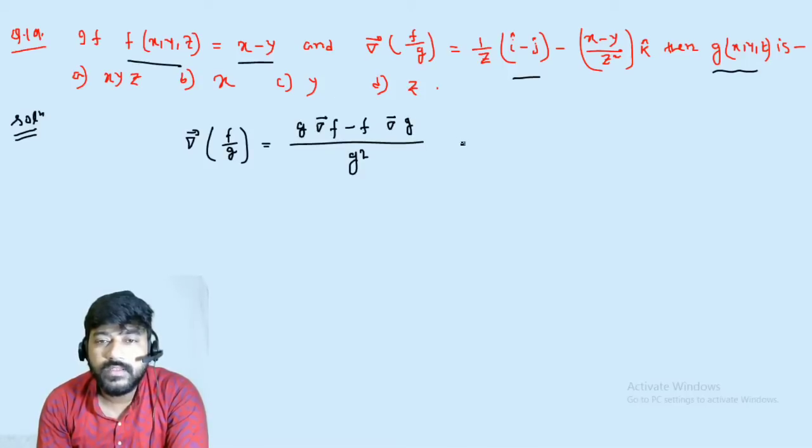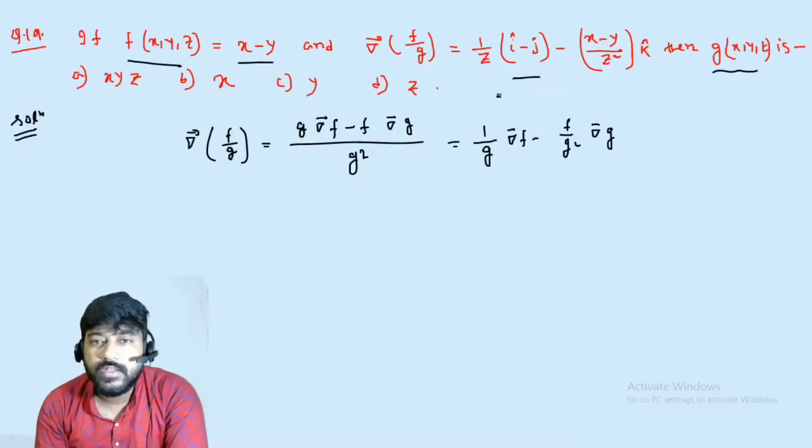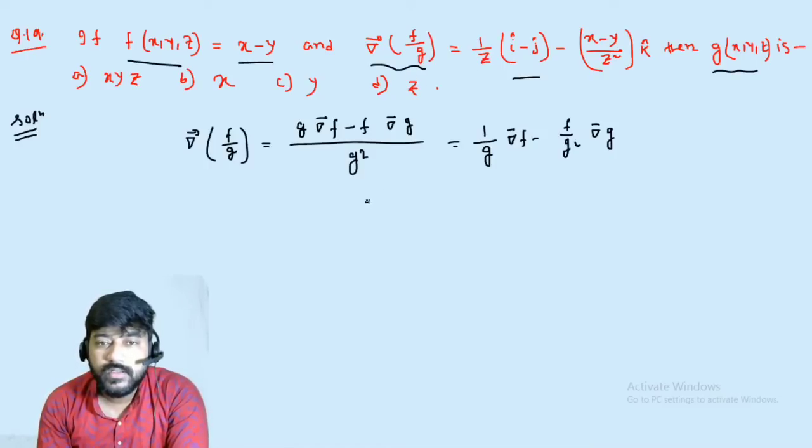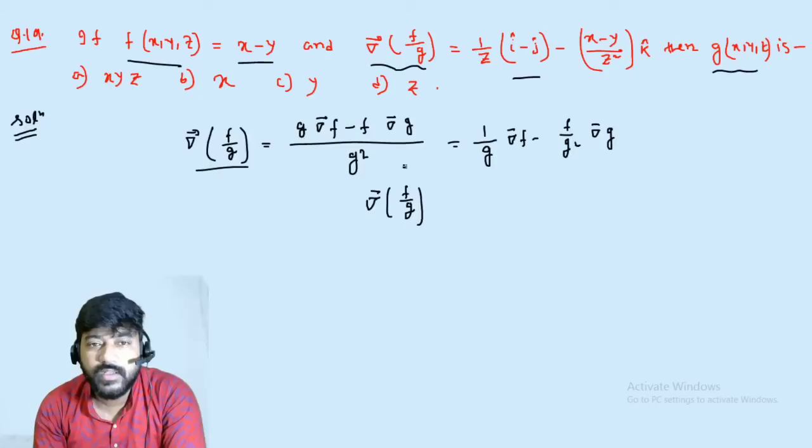Now if you modify this, you will have 1 by g into gradient of f minus f by g square into gradient of g. Now in the question, this is gradient of f by g from the formula.